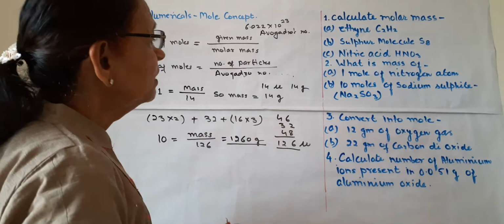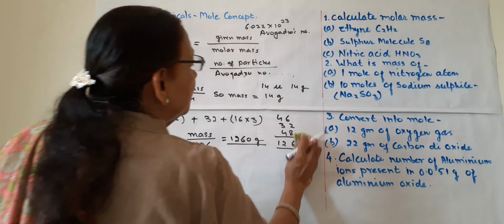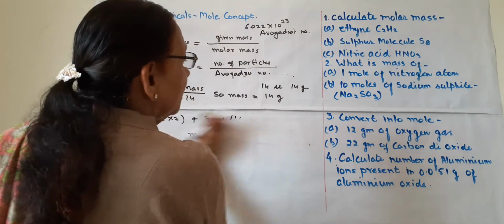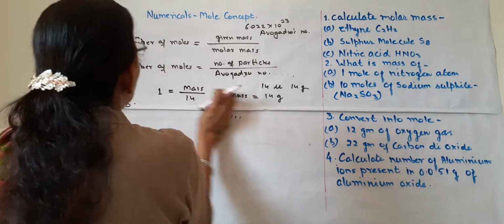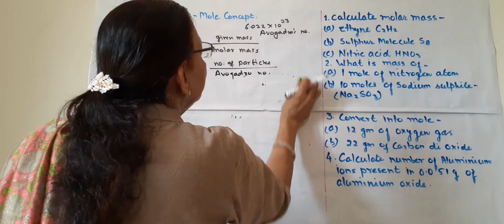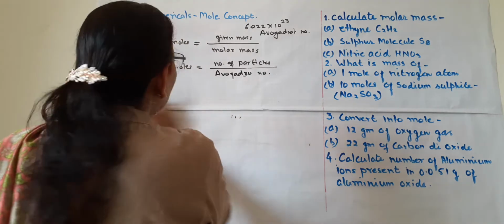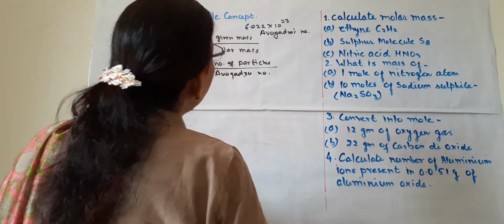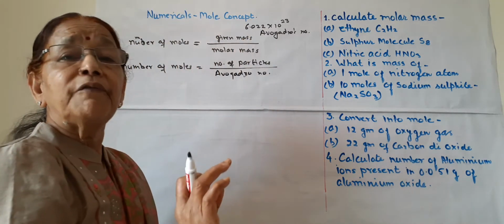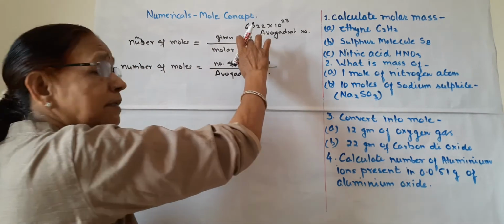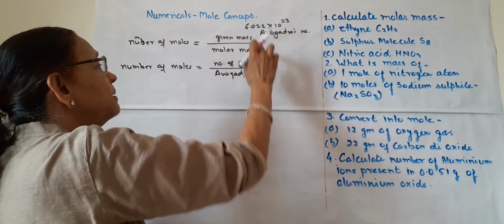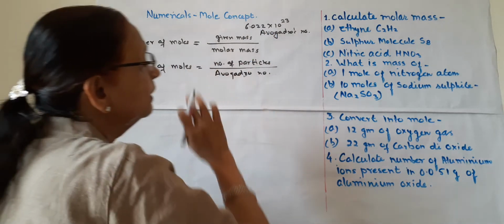So this is how this is calculated. Now the third question, convert into moles. With this formula you cannot face any difficulty if you put one of the formulae. If mass is to be calculated this and number is calculated then this.